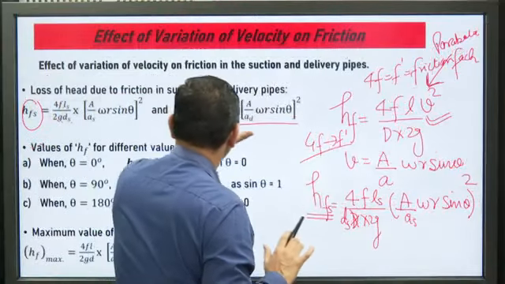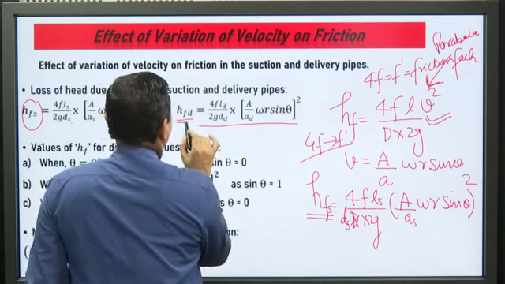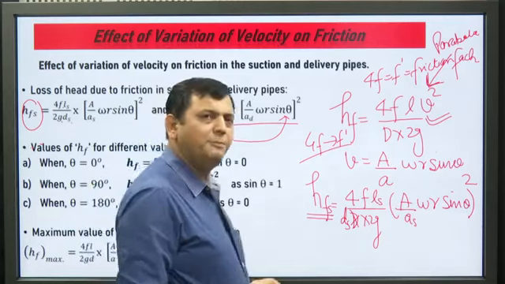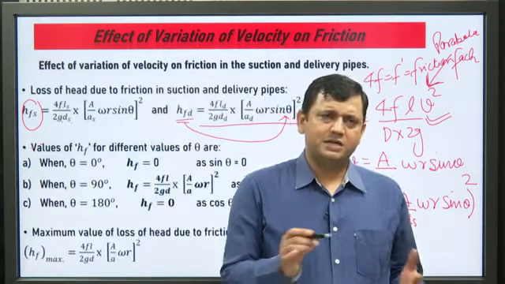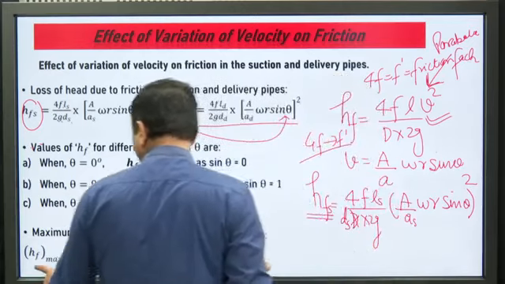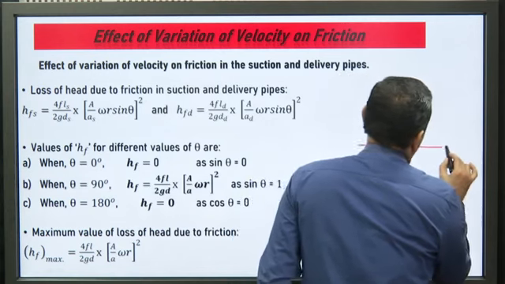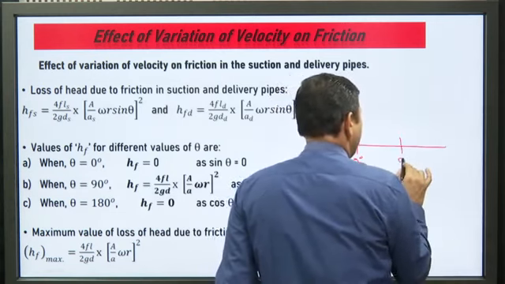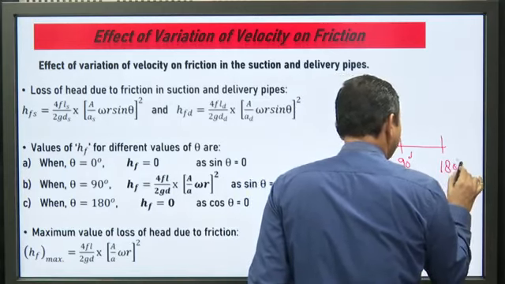So, this one is there again. This effect, the variation and dependency, is on the angle theta only. In case of the suction stroke, theta is 0 at the beginning, 90 at the middle, and 180 at the end of stroke. Yes.